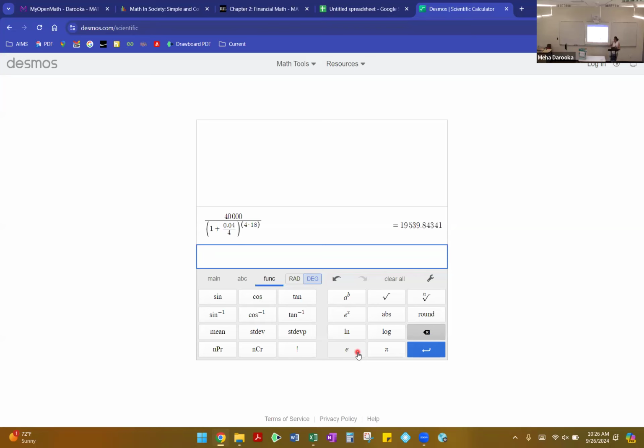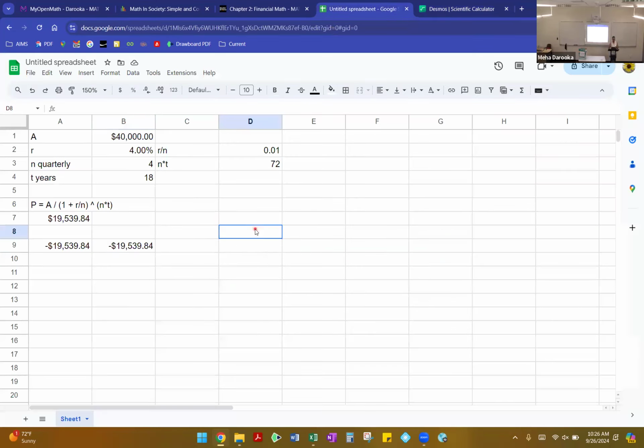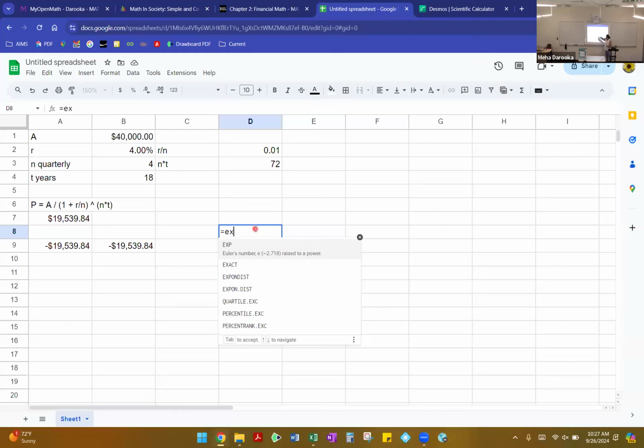But like I said, Desmos has it under function, and then does Excel have natural number E? There you go. So it is the EXP for the natural number E under spreadsheet.